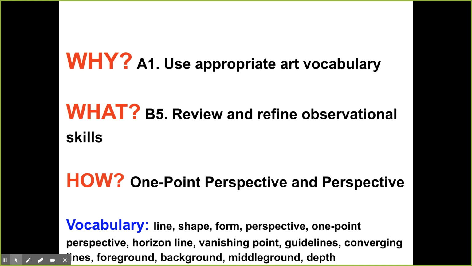And the how is 1 point perspective and regular perspective. So the vocabulary words that we've been going over, I don't know if you've realized this, is line, shape, form, perspective, 1 point perspective, horizon line, vanishing point, guidelines, converging lines, foreground, background, middle ground, and depth. I think that's a hefty amount of really challenging vocabulary words. And what's great is I believe you actually understand and know what these are.